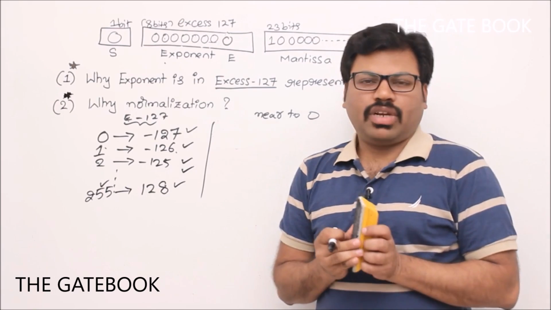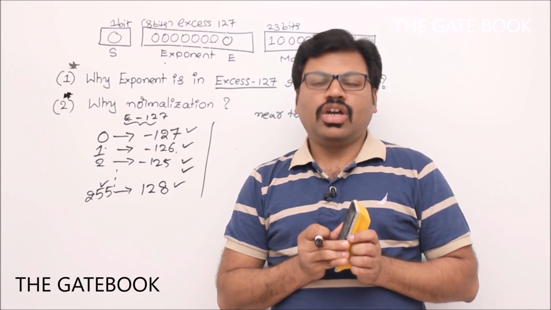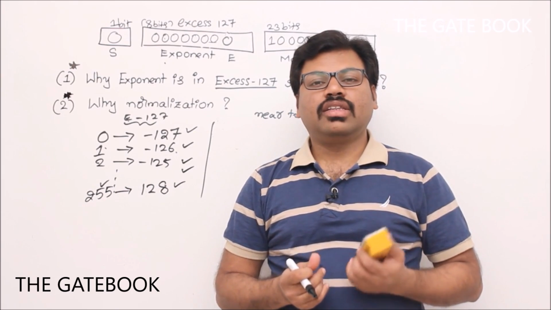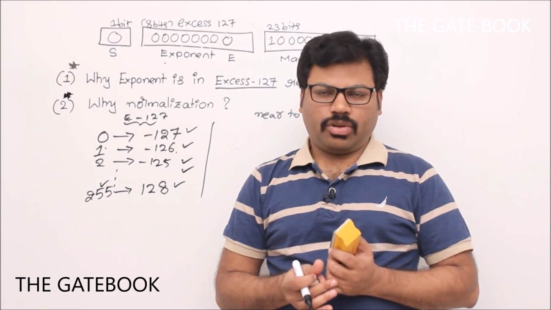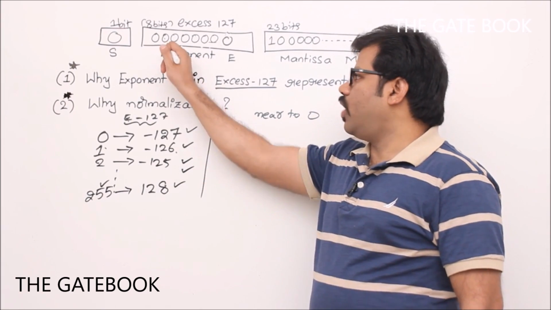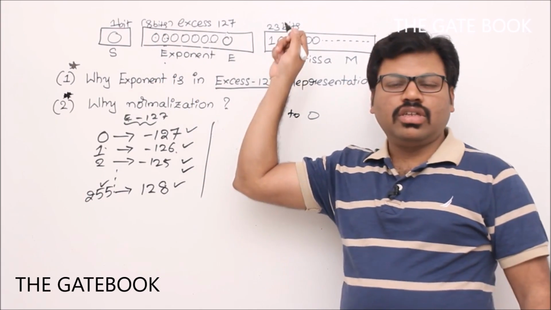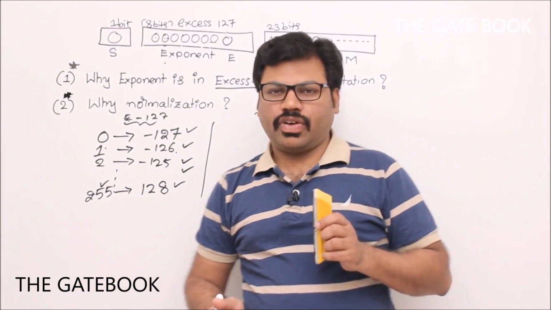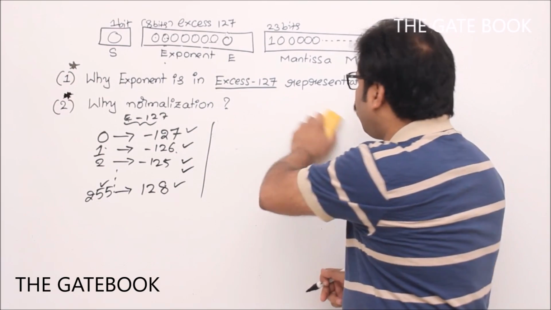For example, you ask your processor, my dear processor, I have a number, tell me whether it is 0 or not. Then by checking this exponent, if all bits are zeros, I can say that your number is almost 0, correct?